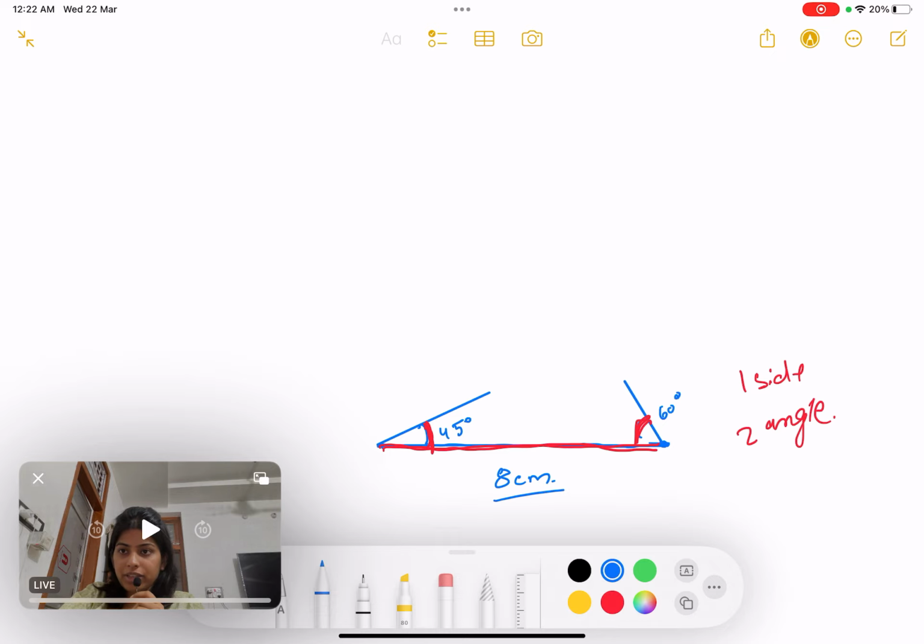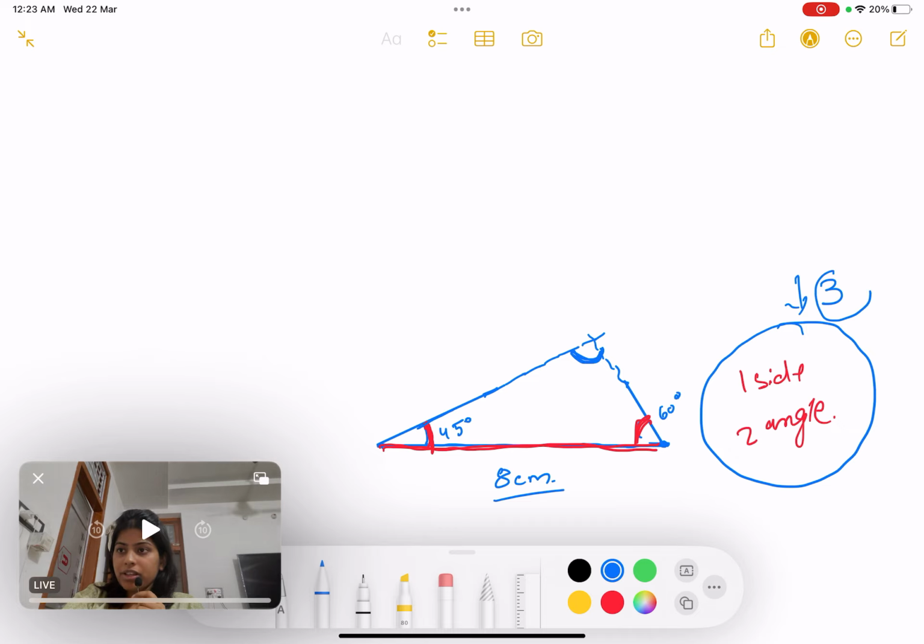Now I cannot determine the other two sides. It's automatically fixed, and this angle is also automatically fixed. So for a triangle I can only decide on three parameters. The rest is then predetermined.